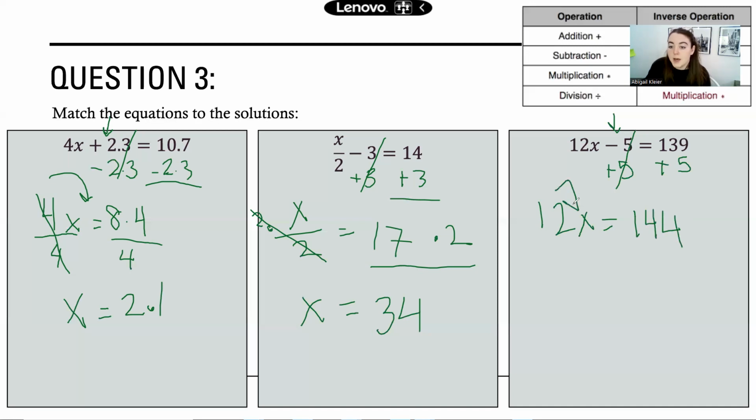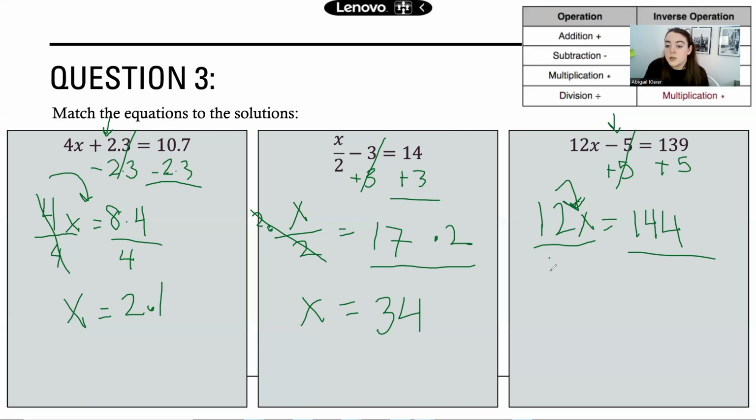The variable x is being impacted by this 12 via multiplication. Just to review on that, if you don't see an addition sign, a subtraction sign or a division sign, multiplication is the only invisible operation. That means we can automatically assume that these are being multiplied. A number next to a variable means multiplication.